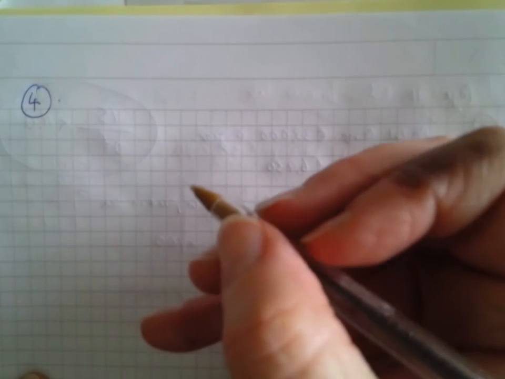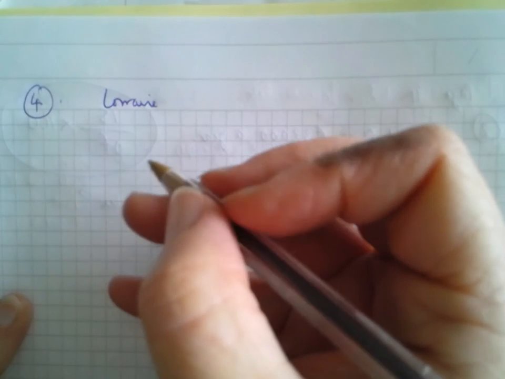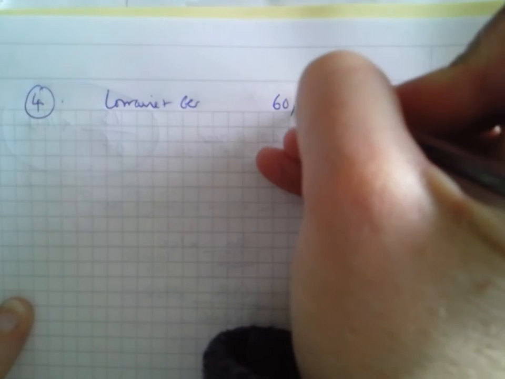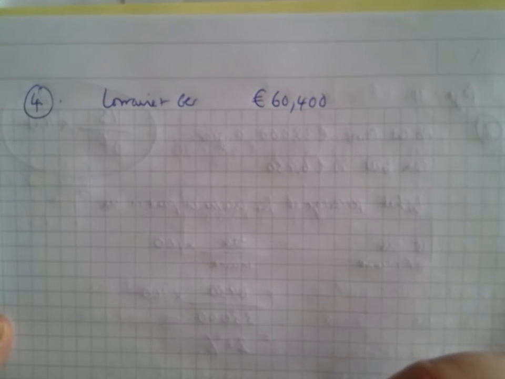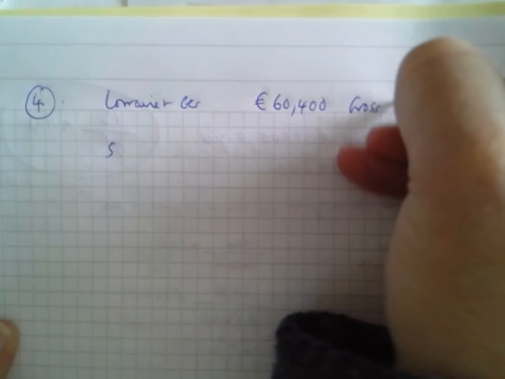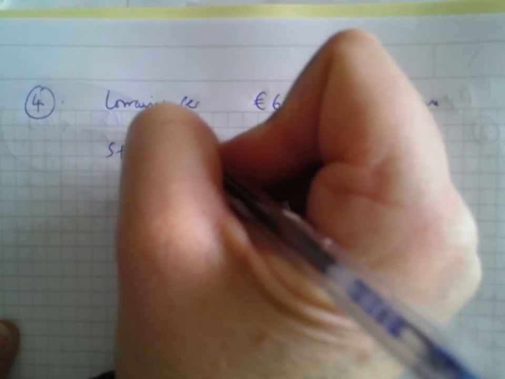Lorraine and Jer had a net income of 60,400. So you can choose to be assessed jointly with your partner, so that's what's happening here. They paid tax at the standard rate, which amounted to 14,700. So this is their gross income, standard rate of tax.